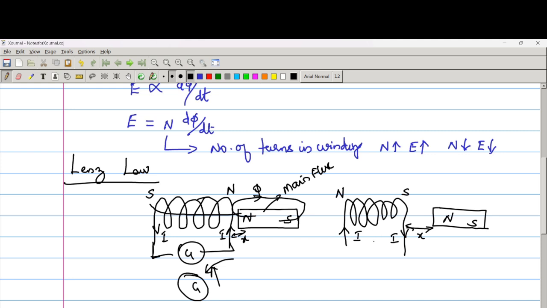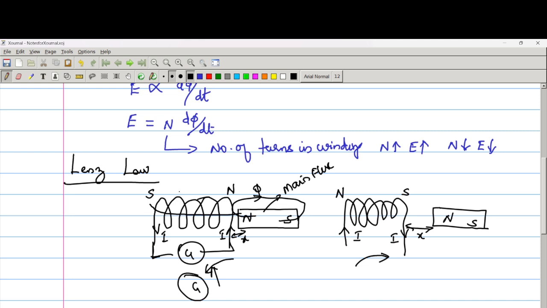Whenever the magnet is moving away, the deflection is in the clockwise direction. So from this we conclude that the induced EMF in the winding creates a flux, and that flux opposes the main flux.